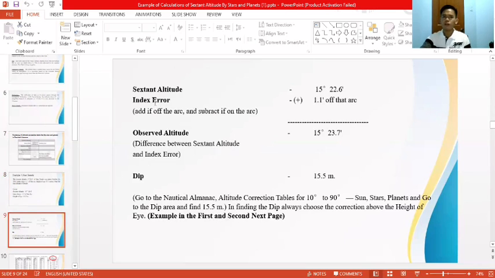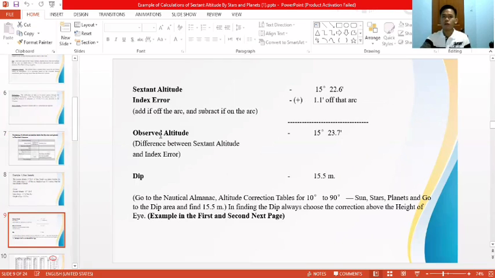Let's proceed. The sextant altitude is 15 degrees and 22.6 minutes, and the index error is 1.1 minutes of the arc. This is the rule: add if off the arc and subtract if on the arc. The index error is off the arc, so we add it to the sextant altitude.